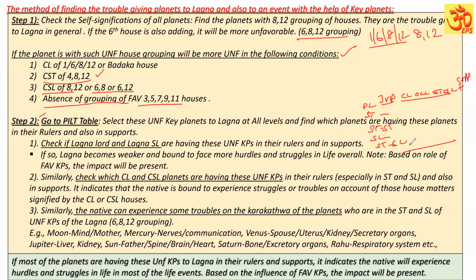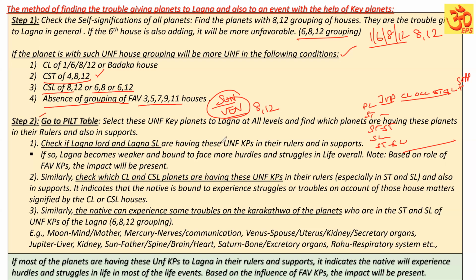So in that PILT table, suppose you find Sun and Venus are the unfavorable key planets with the 8 and 12 houses for the Lagna. Go to the PILT table and select the Sun and Venus.